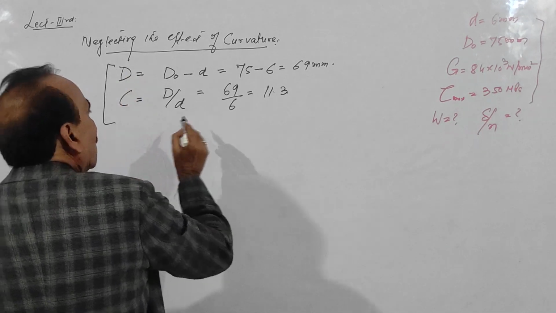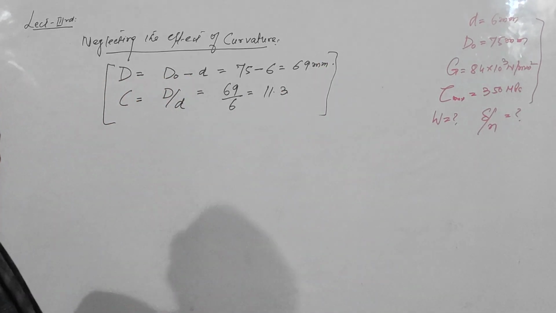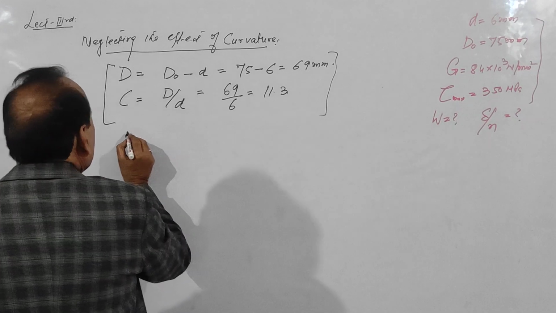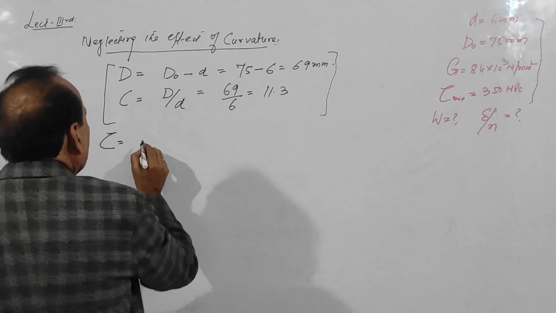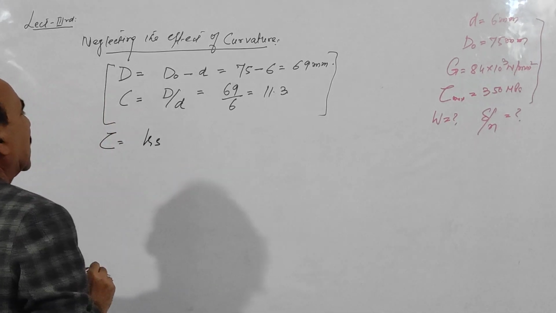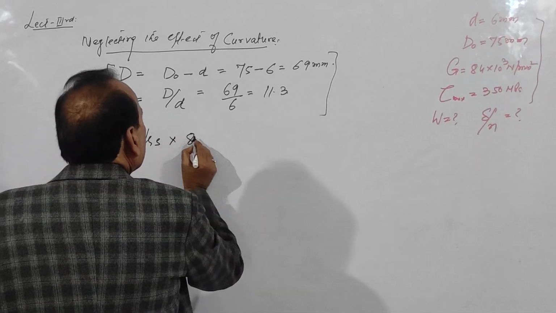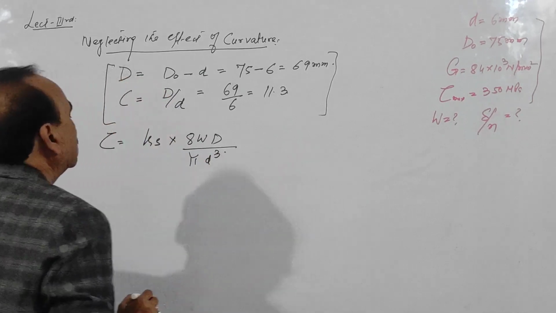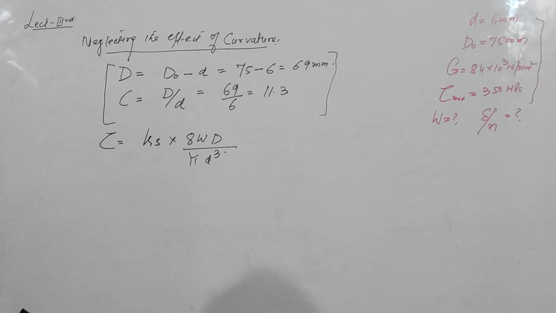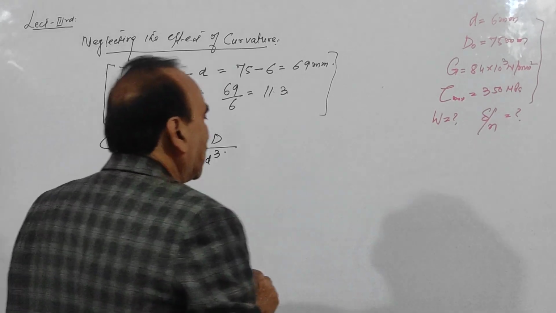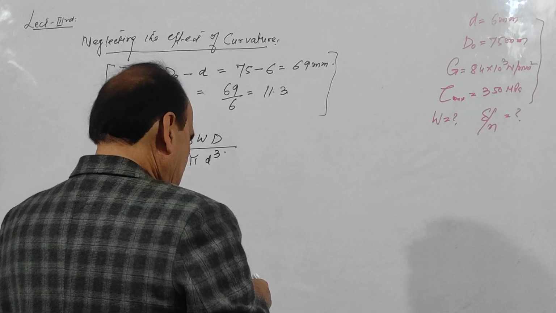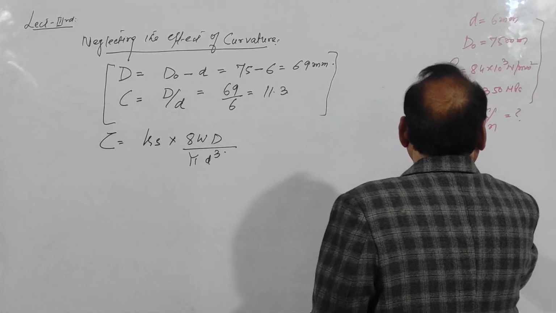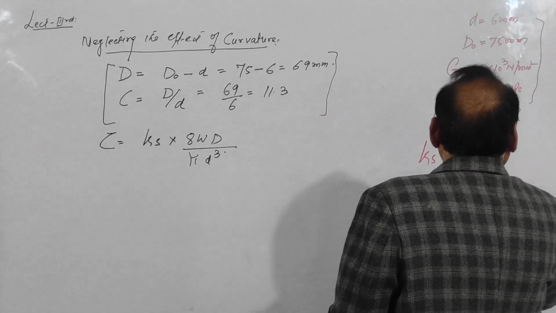So you have calculated these two things. Now, as you know, tau, I just told you, considering the shear stress factor, is Ks into 8WD upon pi d cube, right? This is your formula. So this means we have to find the shear stress factor Ks. So what will the shear stress factor be? Ks is equal to, let me calculate here, 1 upon 1 plus 2c.